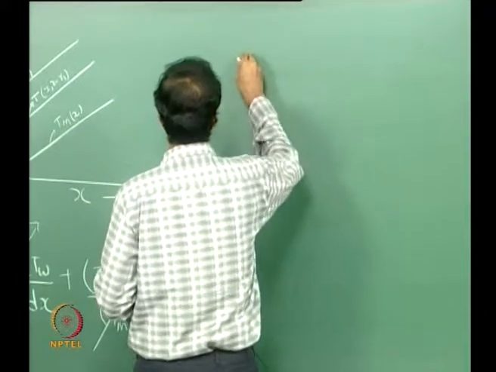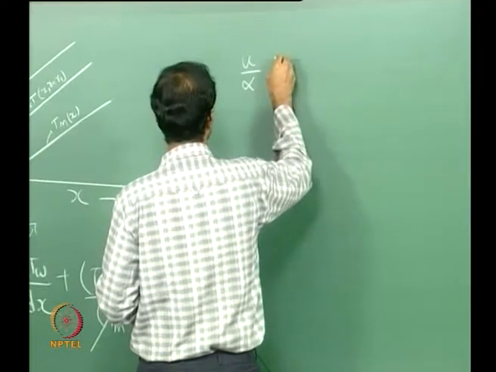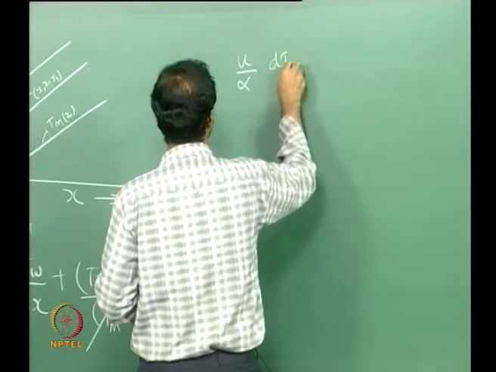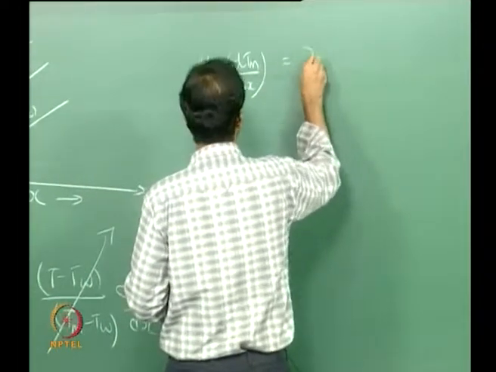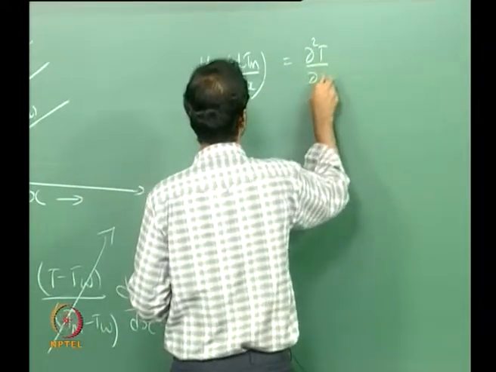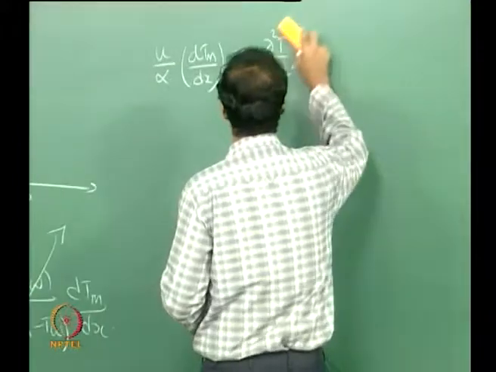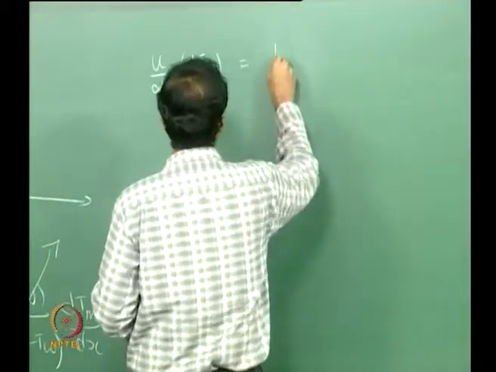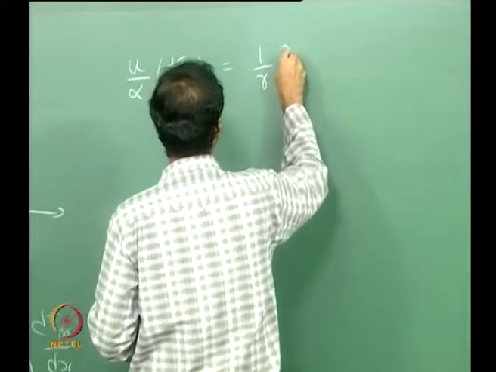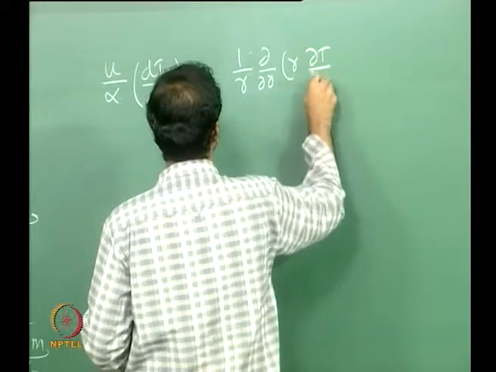So you have u by alpha times dTm by dx, which is a constant, equal to d square T by dx square plus, okay, we have neglected the axial conduction in comparison to the radial conduction, so we retain only the radial conduction terms, 1 by r d by dr of r dT by dr.